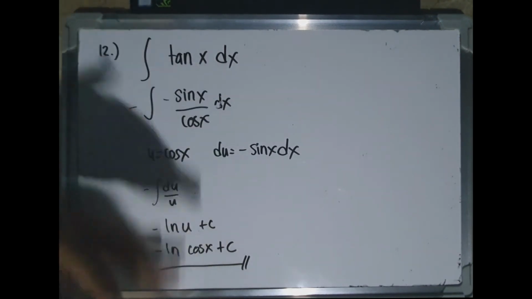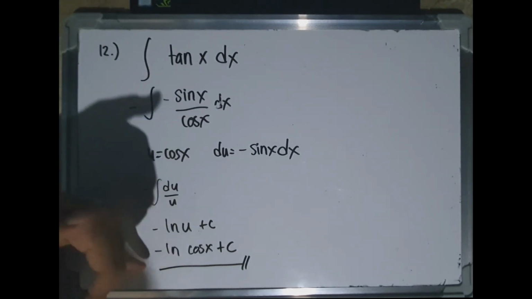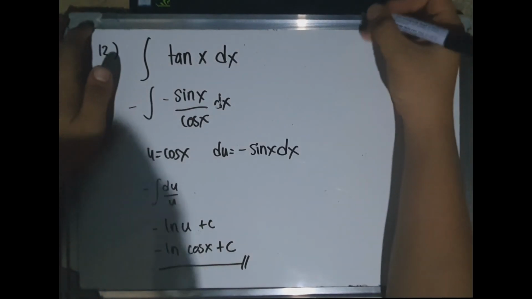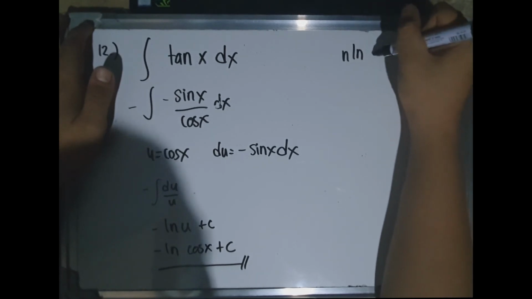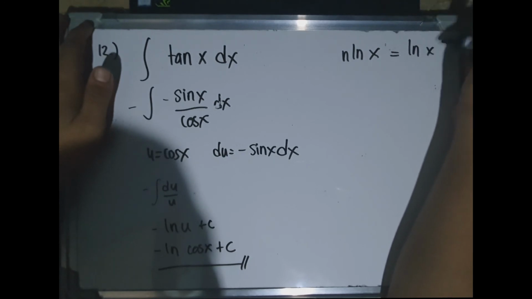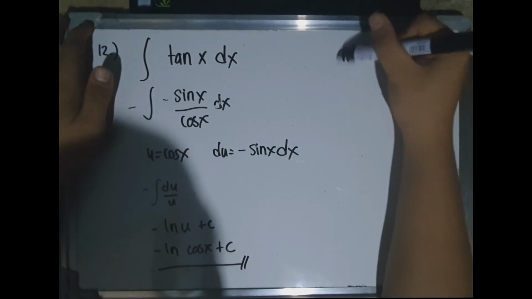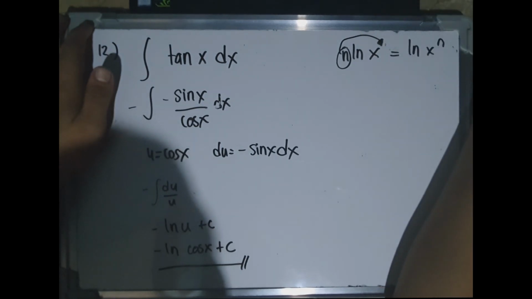This could be the other value of the integral of tangent x. I said, or I've mentioned, the other value. Why? Because this is not yet our final answer. Why? Recalling the property of ln. So if we have n ln of x, that is equivalent to ln of x raised to the power of n. We could place n right in at the exponent of x.